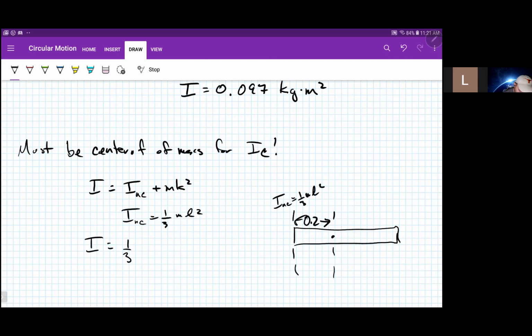It's going to be 0.56 times 1 squared, divided by 3, plus 0.56 times that 0.2 squared, and that should not work.